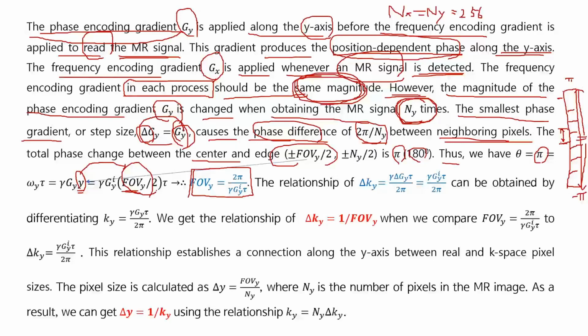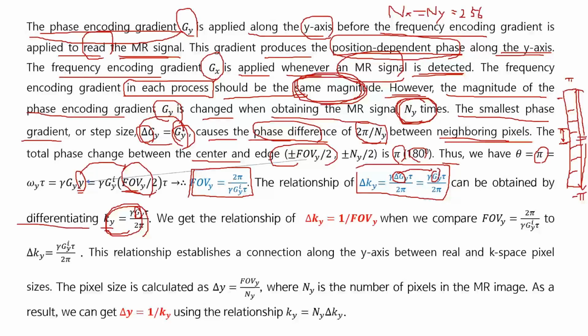And from the definition of ky, if we differentiate this relation, we can have this relation. Here tau is constant, gamma and Gy are variable. So if we differentiate this relation, we have delta Gy, and delta Gy was represented by Gyi.